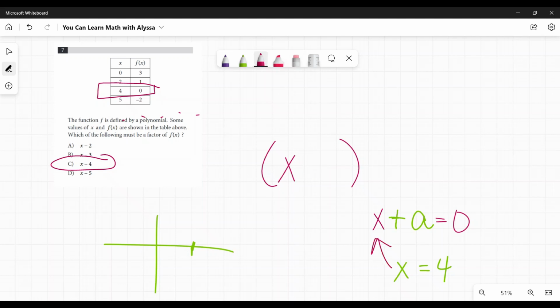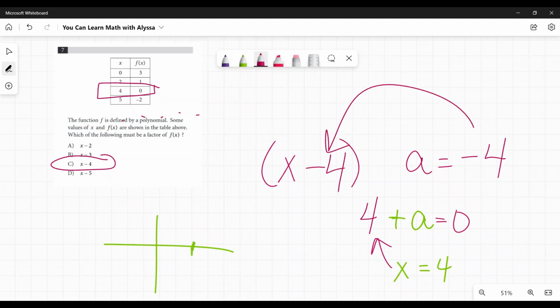So then I would plug that in right here and say 4 plus a equals 0. What is a? Subtract 4 from both sides and you get that a is equal to -4. So that's what I would plug in here as my factor, x minus 4. So there's the mathematical reason, though, as I said, logically, as soon as you figure out that (4, 0) is the one you're looking for, the only multiple choice answer with 4, yeah, that is your right answer.